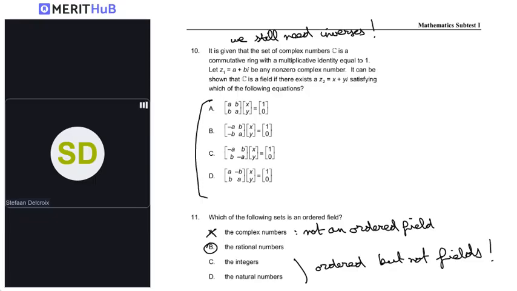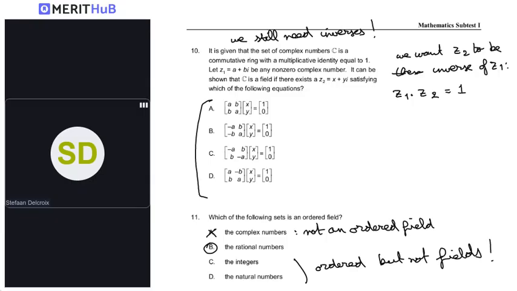So here we want Z2 to be the inverse of Z1, which means when we multiply them, we should get 1.